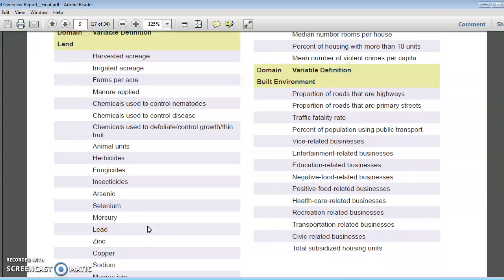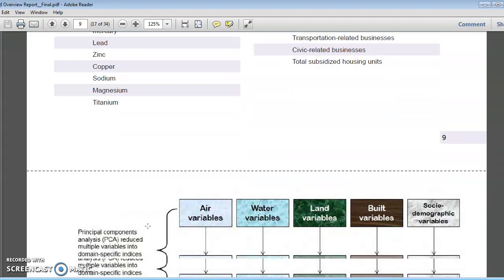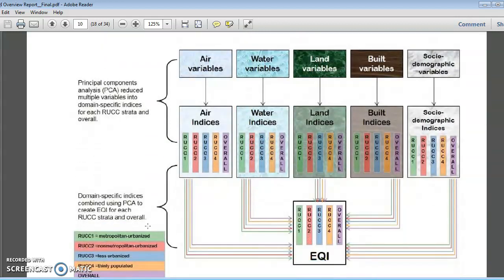So these are the different variables that are defined. Okay, and the last thing is how to calculate EQI. So you can see we have defined various domains, and for each domain we have defined variables. So you can see 5 types of domain, 5 types of variable.